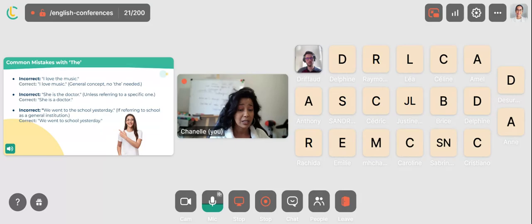It's incorrect to say she is the doctor unless you are referring to a specific one. Correct is she is a doctor. It is also incorrect when we say we went to the school yesterday. It is only acceptable if referring to school as a general institution. We went to school yesterday is the correct form.